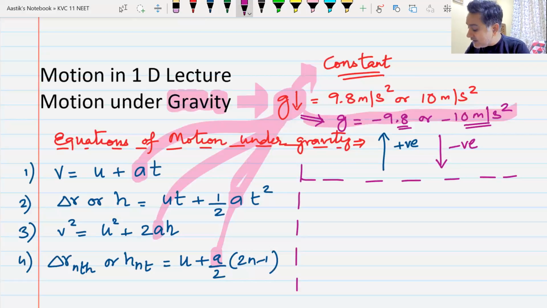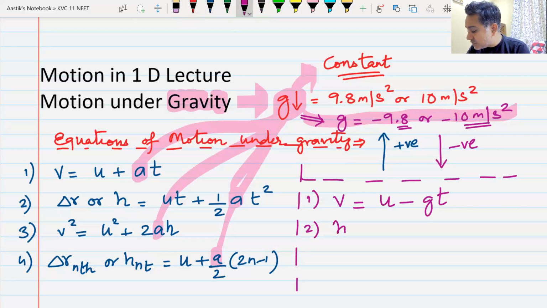So in that case, your first equation will look like this: v is equal to u minus gt. Here I have put the value of a as minus g. Do you understand this? Then how does the second equation look like?